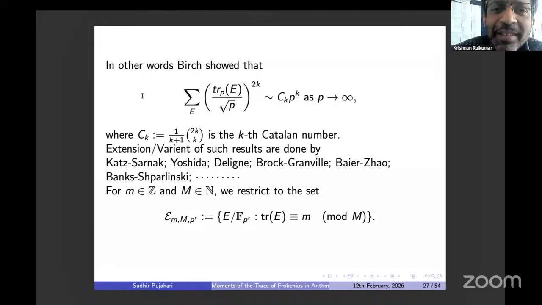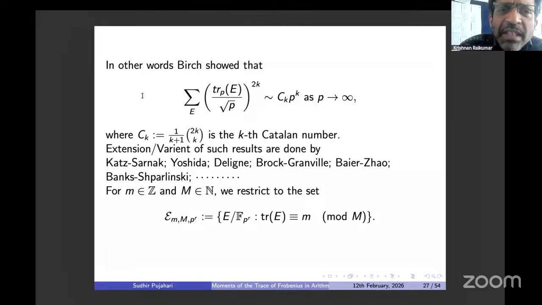Sudhir, could I interrupt you? Yes. Sorry. What is the difference from Sato-Tate? I mean, you're summing over all possible elliptic curves. Is that the difference? Yeah. So basically, Sato-Tate was for an elliptic curve over Q, and there you take the reduction mod p. This is directly an elliptic curve over a finite field, and this is something known as the vertical setting. I see.